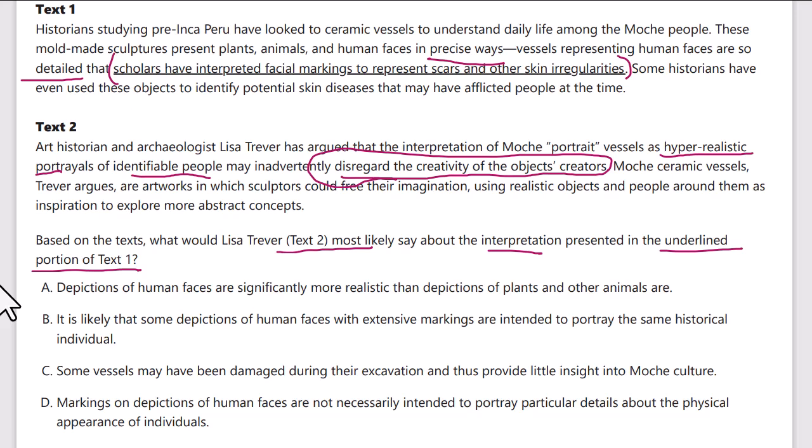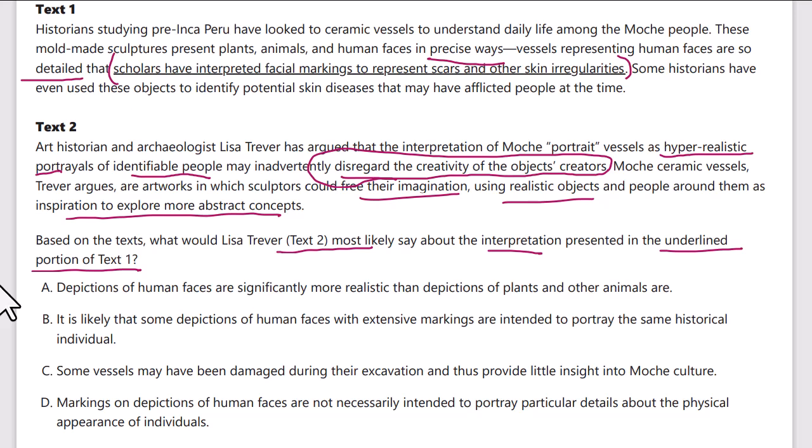Trevor argues they are artworks in which sculptors could free their imagination using realistic objects and people around them as inspiration. So simple idea is text 1 underlined portion says very detailed, shows scars and other facial markings. Text 2 says, nope, that's really not quite right. It was more a creative imagination that the artist went with and ran with, not necessarily a realistic interpretation. So text 1 underlined wrong.